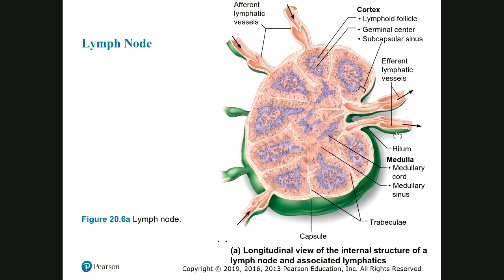Our afferent lymphatic vessels allow fluid to enter. Our efferent lymphatic vessels allow fluid to exit. You can see the valves listed here in those vessels that will prevent backflow of our lymphatic fluid.